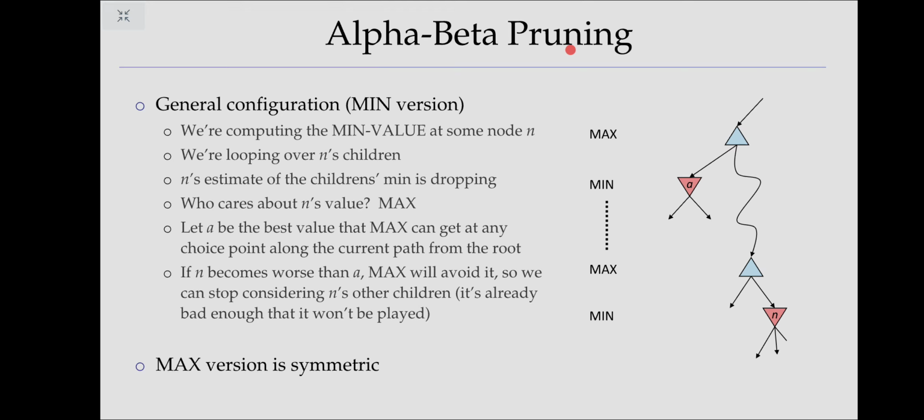If n receives a value worse than alpha, because the above node is a max player, the min player knows that such a branch is not allowed by the max node. Because of that, checking the next steps is not necessary.